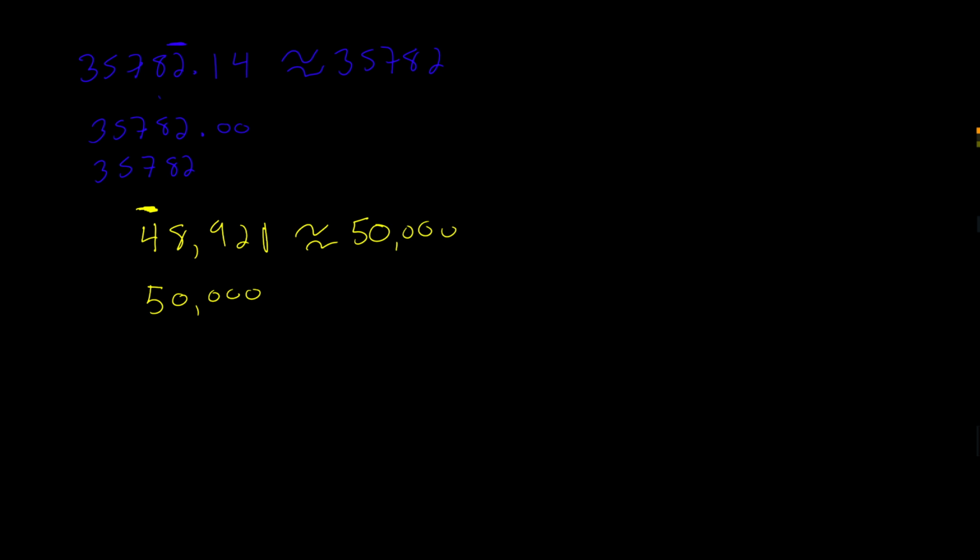And the nice thing about rounding is we're saying that if I measure in 10,000s, this is closer to 50,000 than it is to 40,000. And that gives us a good basis to estimate from. I can add, subtract, multiply with 50,000 instead of 48,921, and I'll be close to what the answer would be with the real number.